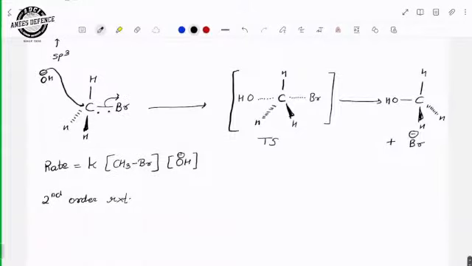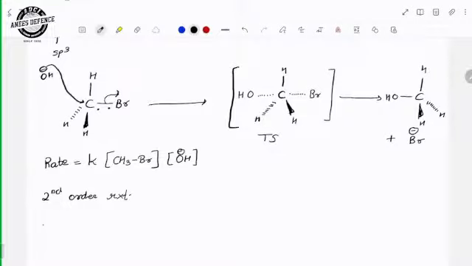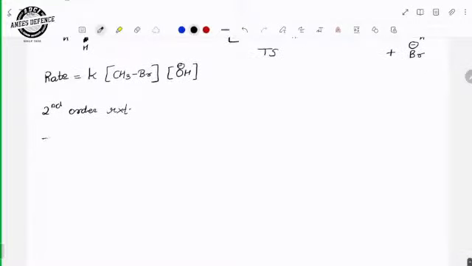Fine. So when you look into the configuration, the conformation, you can say in SN2 there is Walden inversion. So this is the question which they will ask in the NEET exam. It is very important to keep this in mind.